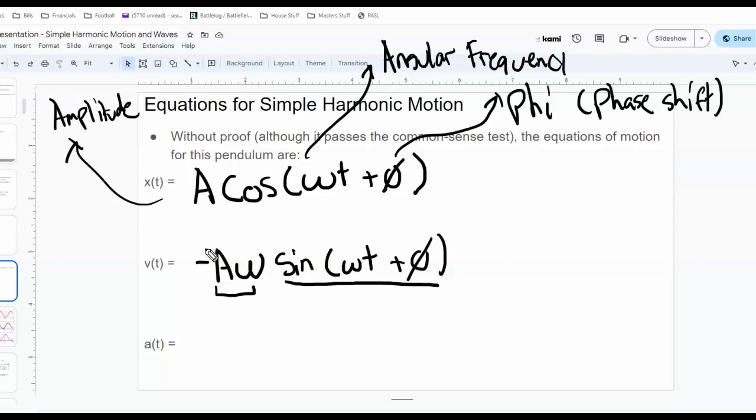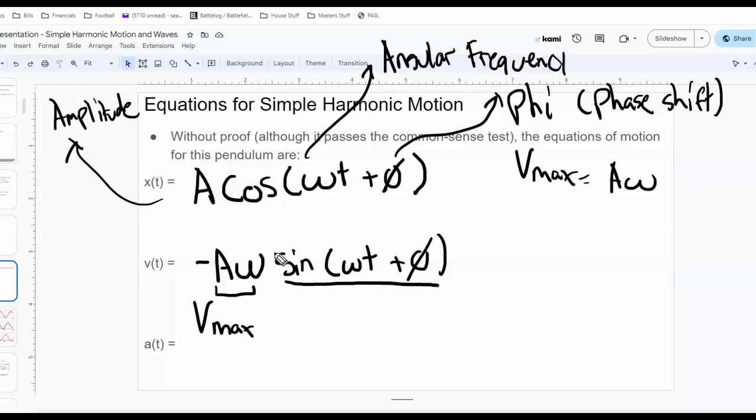So whatever is in front of the sine basically serves as the maximum value of the function, which in this case is going to be v max. Okay, so in other words, you can calculate v max just by doing A times omega, assuming that you have the amplitude and the angular frequency.